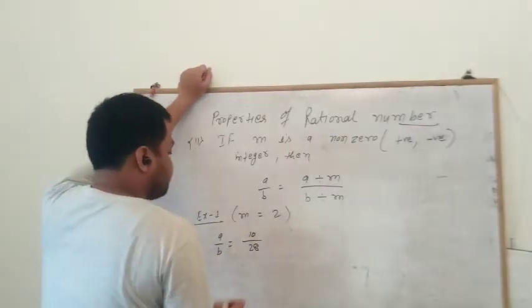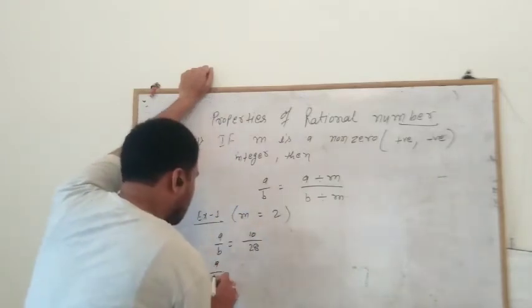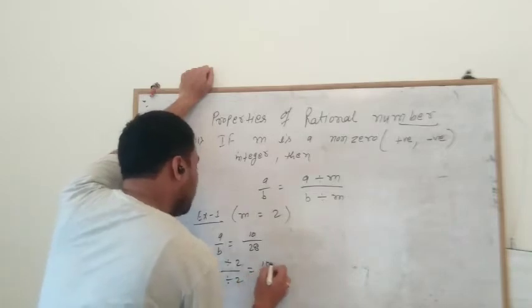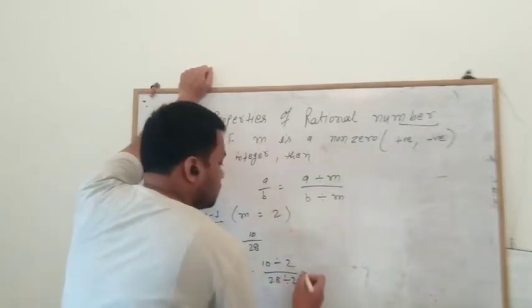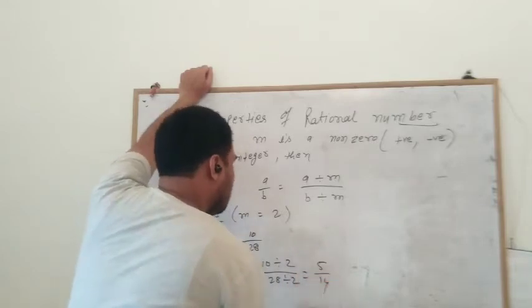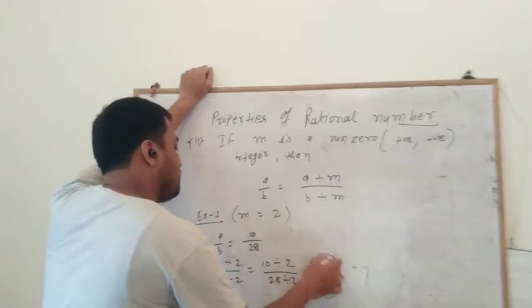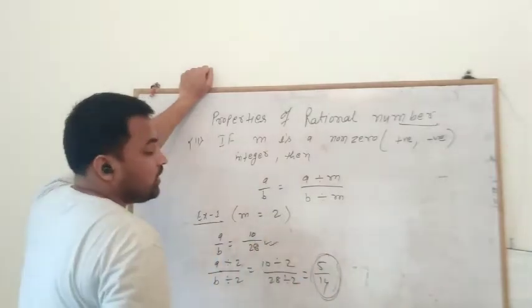Okay, now we have to write that a by b divided by 2 is equal to 10 divided by 2 by 28 divided by 2. So it will be 5 by 14. So here the 5 by 14 is a standard form of 10 by 28.